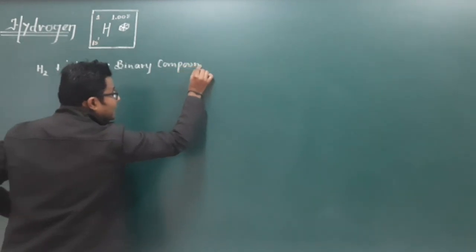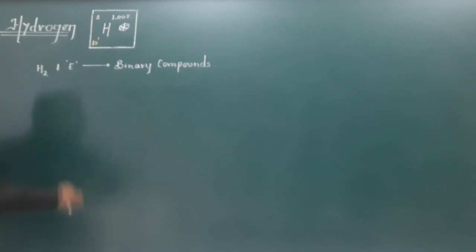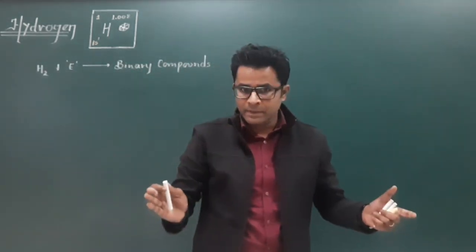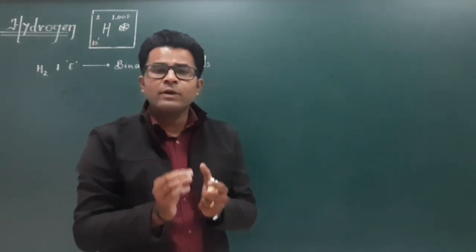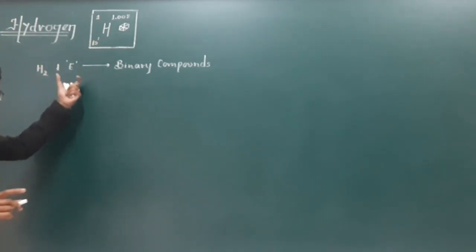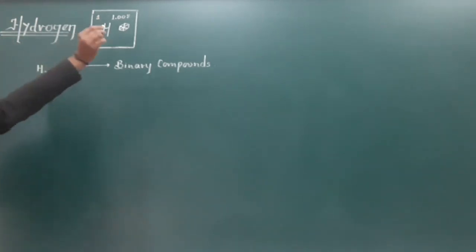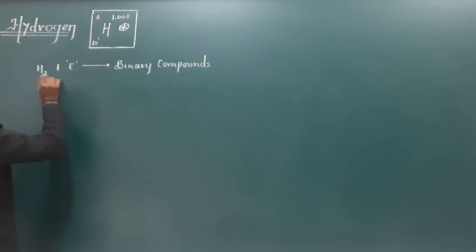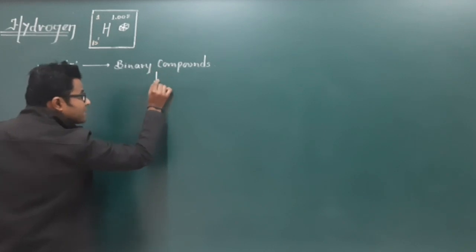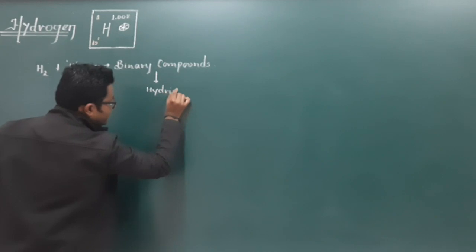These binary compounds formed after reaction with hydrogen, we call hydrides. But one thing we have to understand is that hydrogen reacts with almost all the elements except the noble gases. So hydrogen reacts with most of the elements to form binary compounds, and we call these binary compounds hydrides.